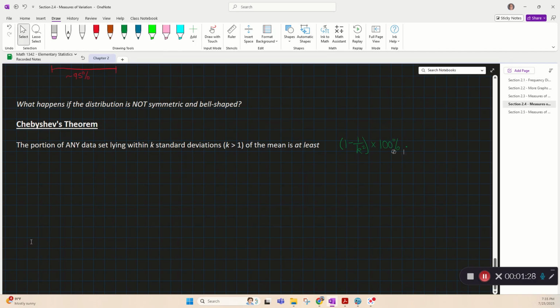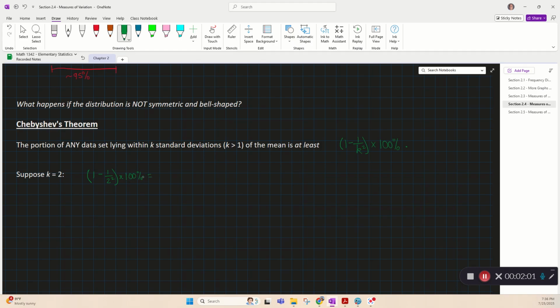Okay, so what does that exactly mean? Well, let's look at a couple of cases. Let's suppose for a moment that K equals 2. What does this theorem mean? It means that if I do this calculation and say 1 minus 1 over 2 squared times 100%, let's see, that'll give me 1 minus a fourth, that's 3/4, or 0.75 times 100.